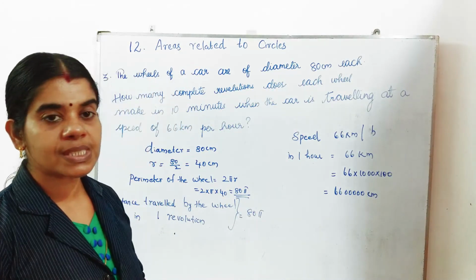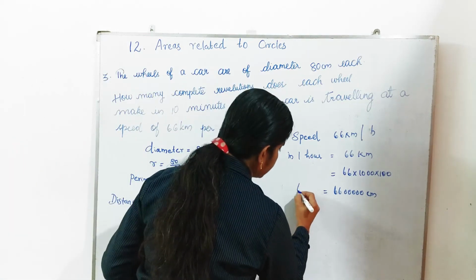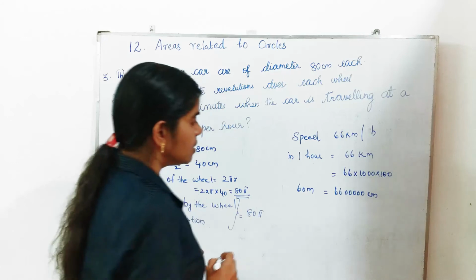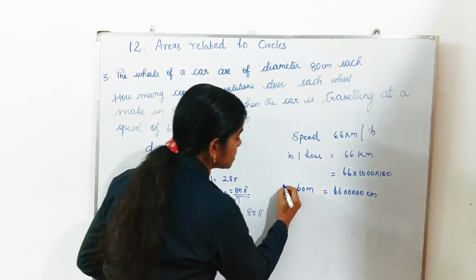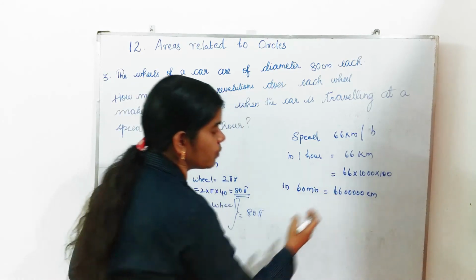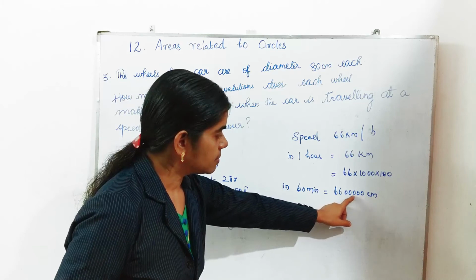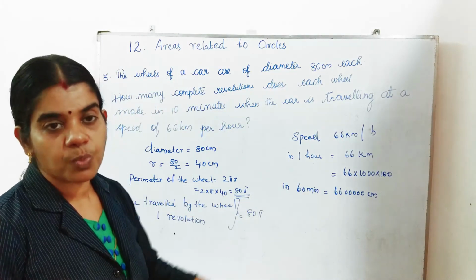You already know that 1 hour means 60 minutes. So in 60 minutes, it is moving 66 lakh centimeter.